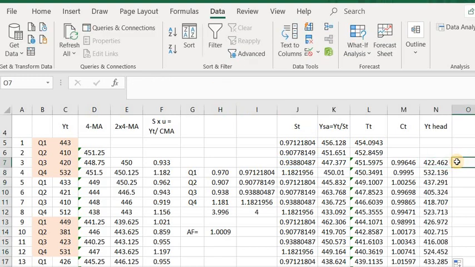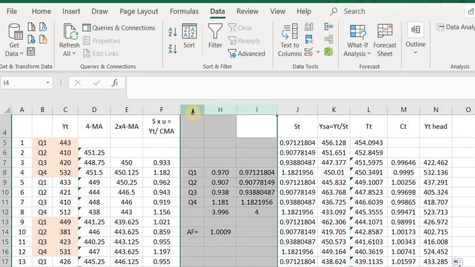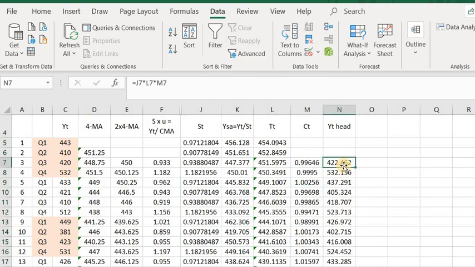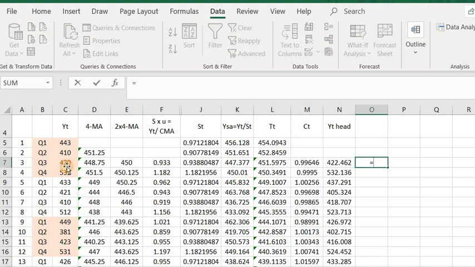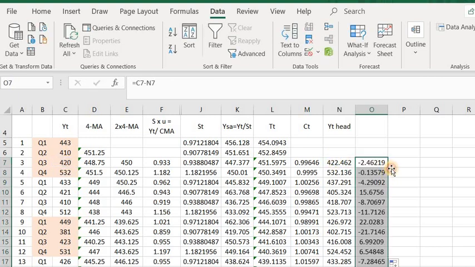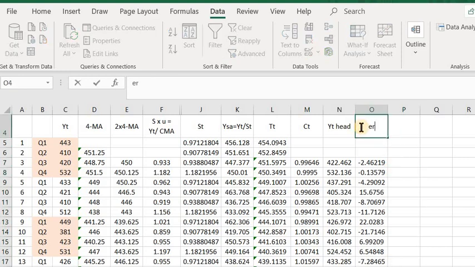Then we can check the error. I hide these three columns first. The error is the observed minus the fitted. So then we can compute the fitted error.